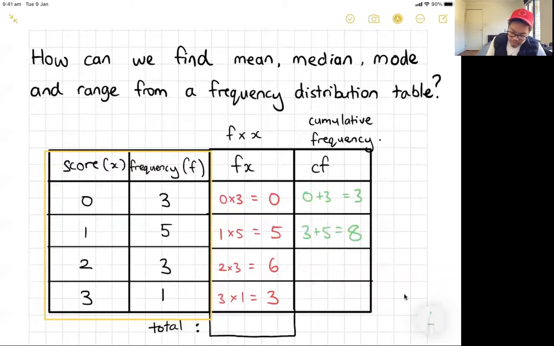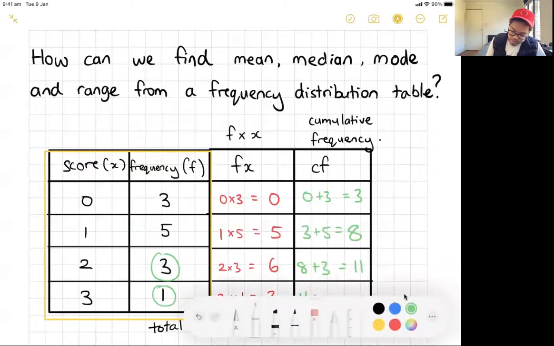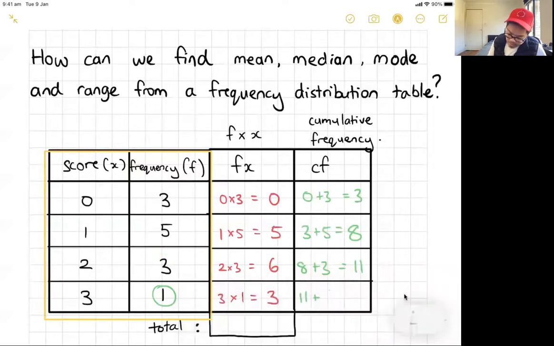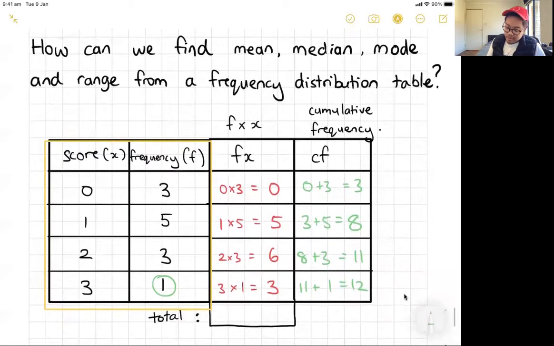All right, so now I've got 8 scores. I'm going to add another 3 now. That's going to give me 11. Then I'm going to start with 11 and add one more, and that's just going to give me 12. Now once we've got this, that there is our cumulative frequency and our FX column.